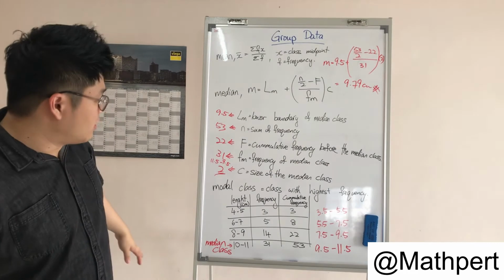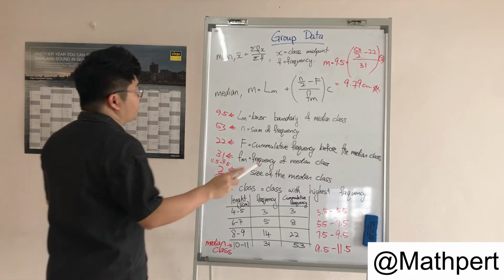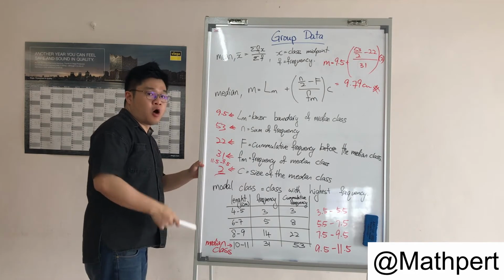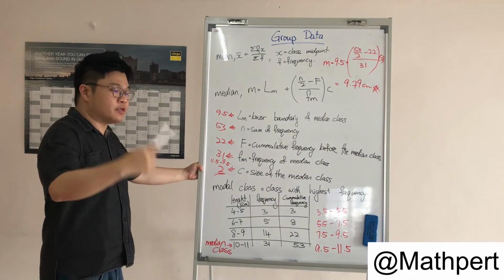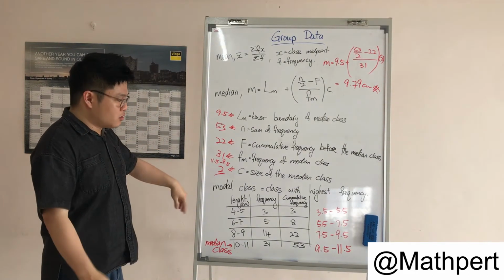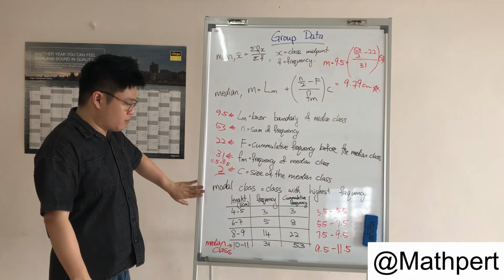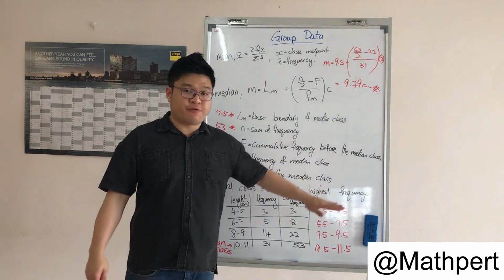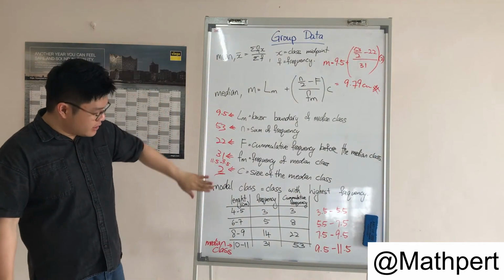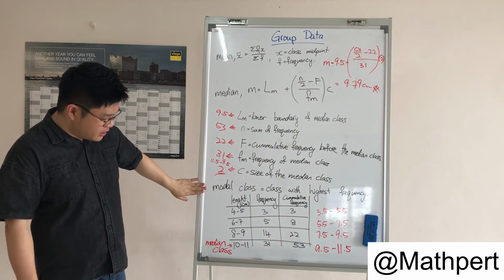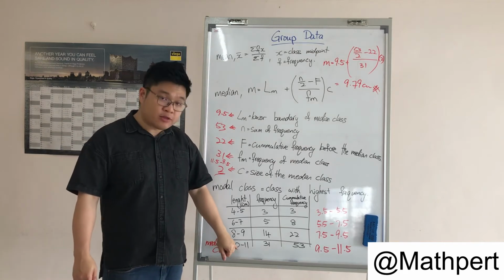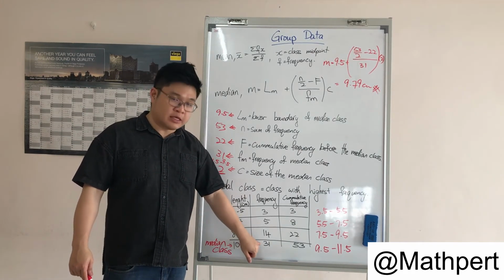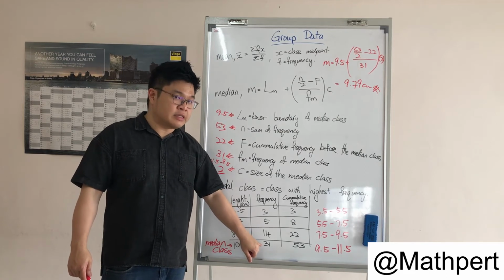Right? And there is one more last term for grouped data, which is modal class, or what we called previously the mode. So the definition is the same. Modal class means the class with the highest frequency. In this case, the class with the highest frequency is 10 to 11, because this class has 31 in its frequencies.